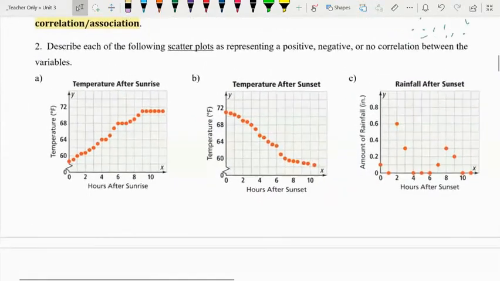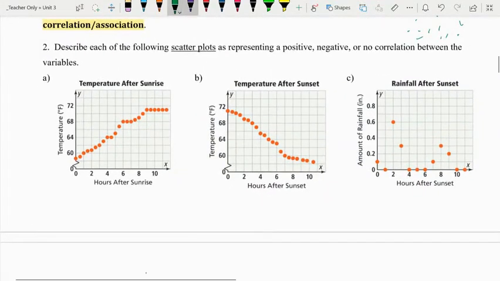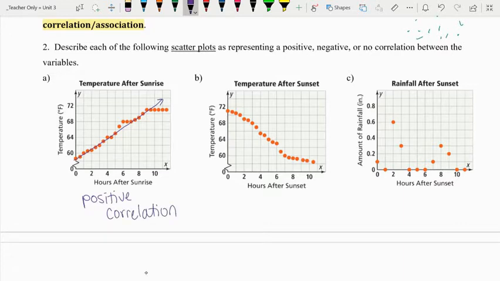So for example, hopefully we can see these right away. We need positive, negative, and no correlation, and it actually goes in that exact order. So this one kind of looks like it's increasing this way, which would be a positive slope. Okay, we do want to use the word correlation. It's a positive correlation.